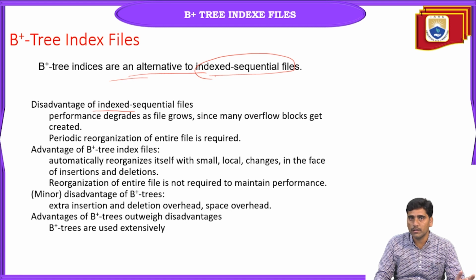Indexed sequential files have disadvantages over searching mechanisms because the search key values are not appropriate to the memory source. Because of that disadvantage, B plus tree index files are going to be an advantage for another indexing mechanism.